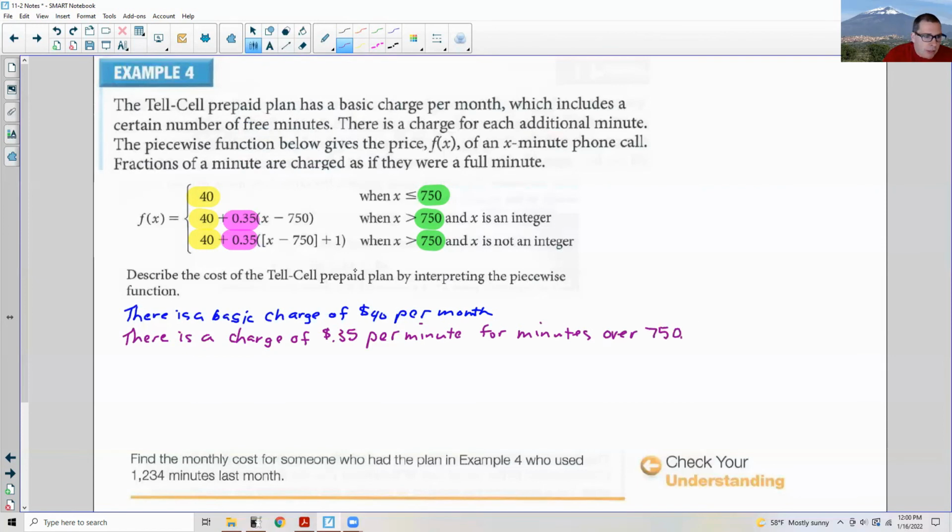Okay, so that's basically all that's going on here. $40 basic fee, 35 cents for every minute over this amount here.